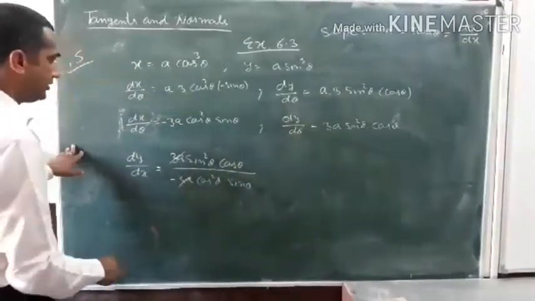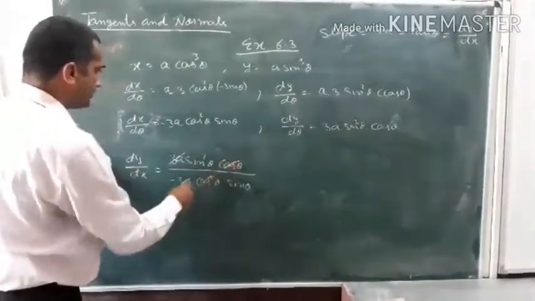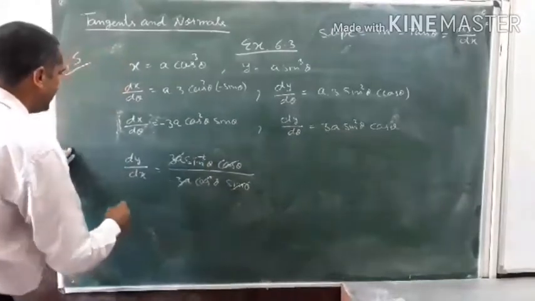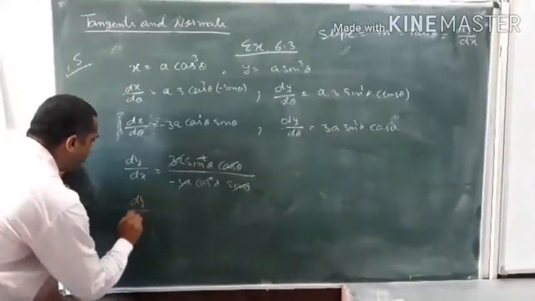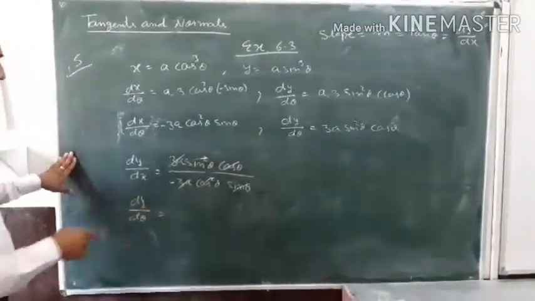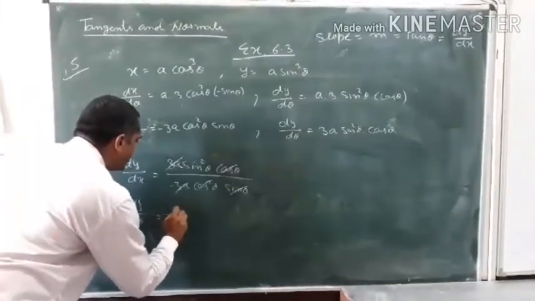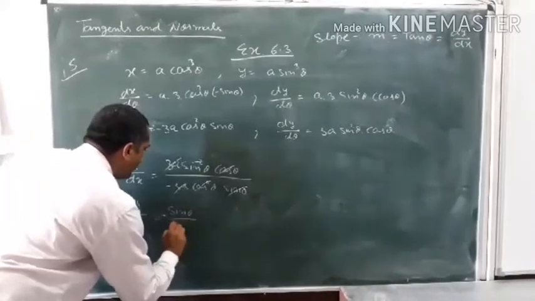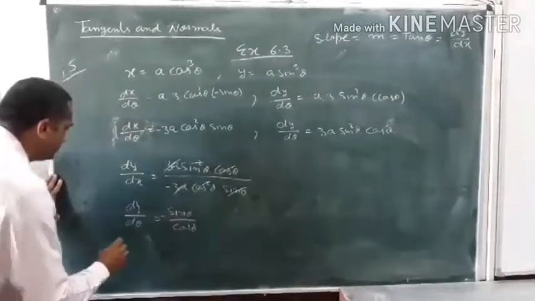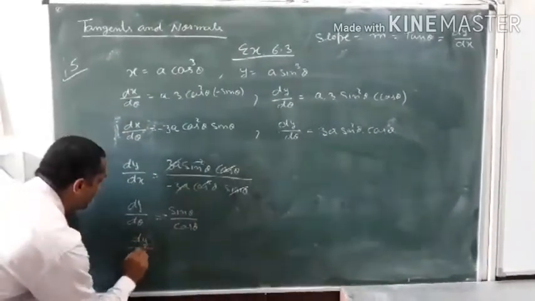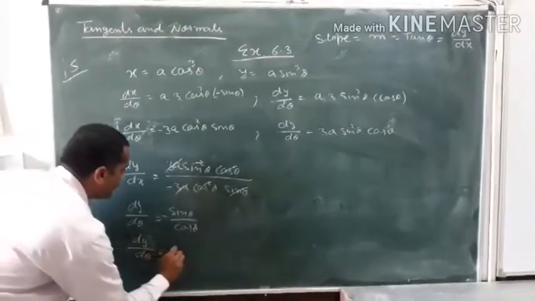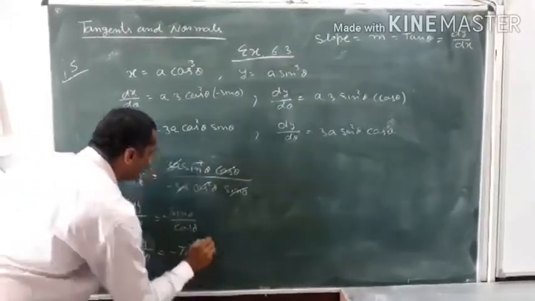Cos cancels, sin cancels. So it is sin over cos, minus sin theta over cos theta, which is minus tan theta.